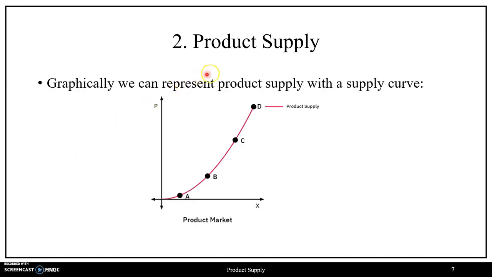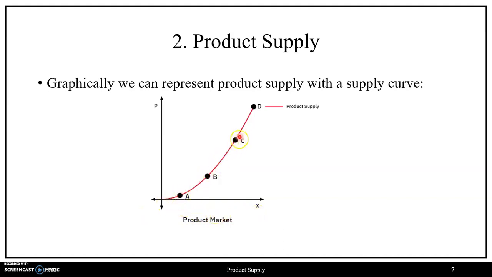Now, graphically, we can represent product supply via the supply curve, which we have below, where on the vertical axis we have the price of a particular good or service, and on the horizontal axis we have quantity of a particular good or service.